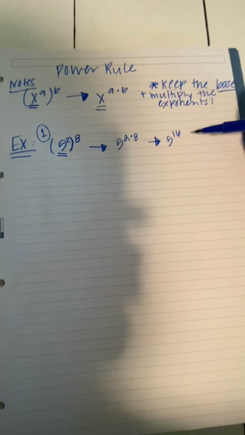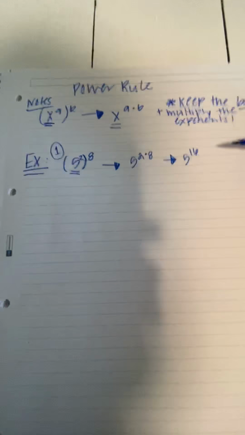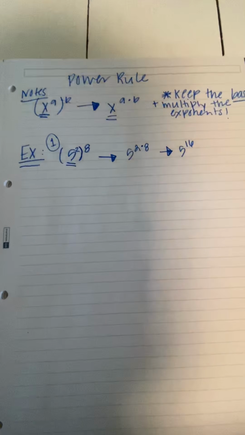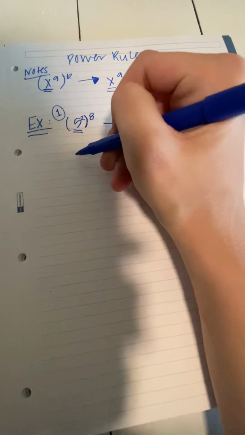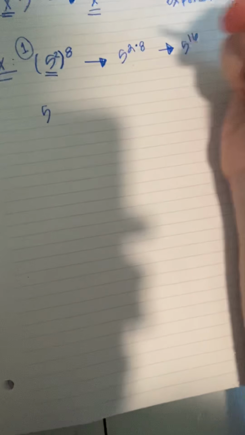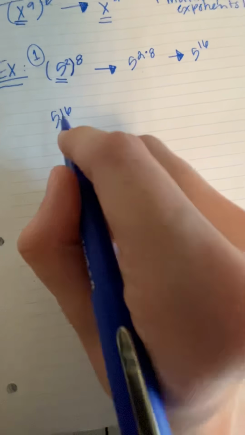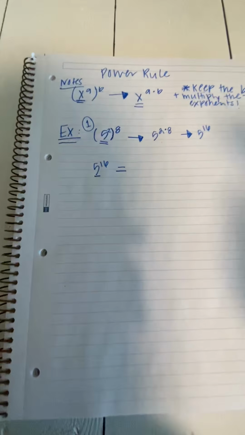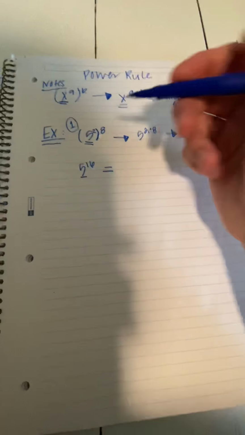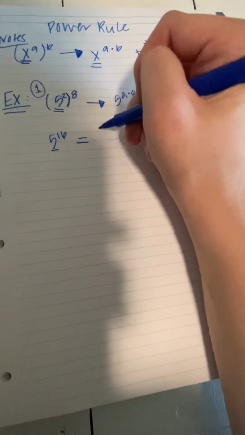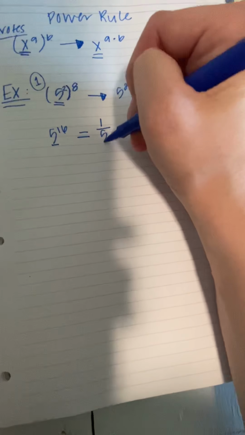Now, this wasn't an option on your question. If it was, great, but that wasn't the case. So what I want to show you is that what you had was the reciprocal of a base of 5 to a power of 16. When it gives you something as a reciprocal, we just do the opposite. We flip them. So the reciprocal of 5 is 1/5.